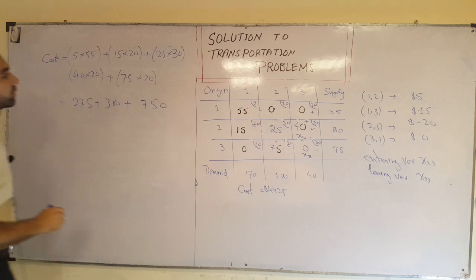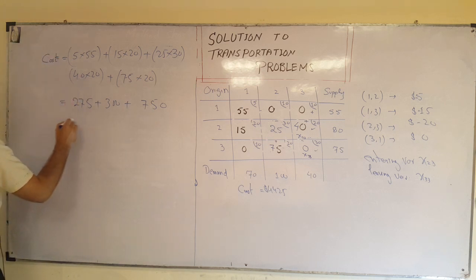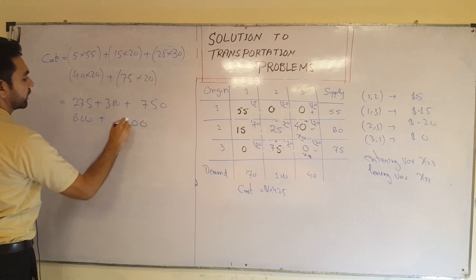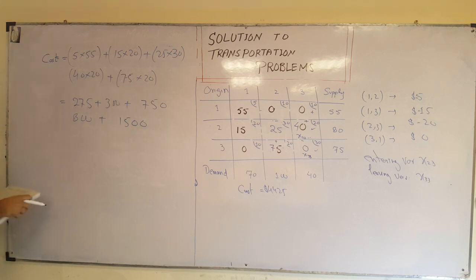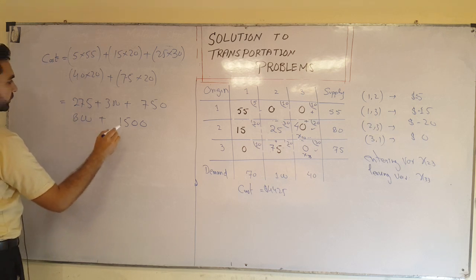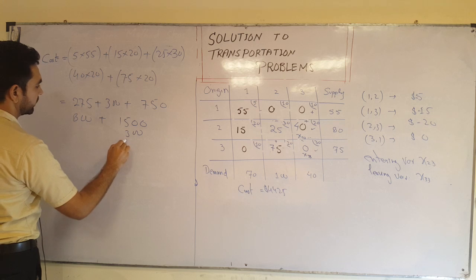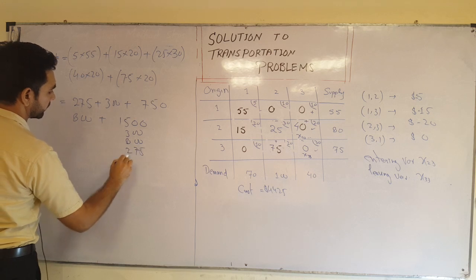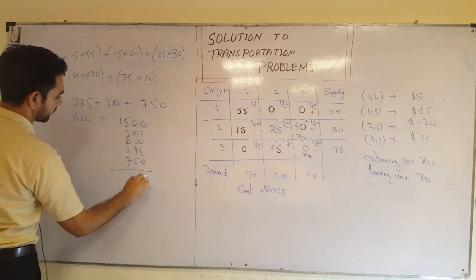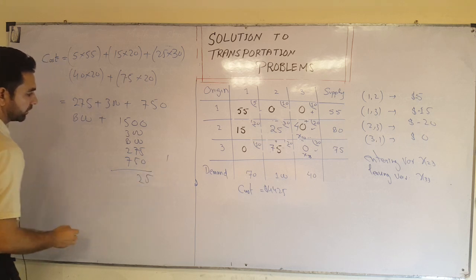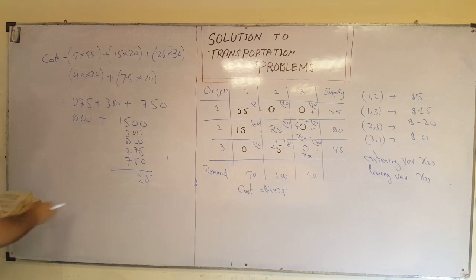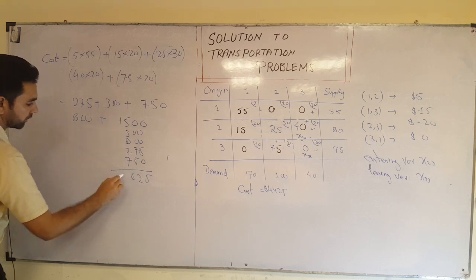Adding them up: 275, 300, 750, 800, 800, 1,500.